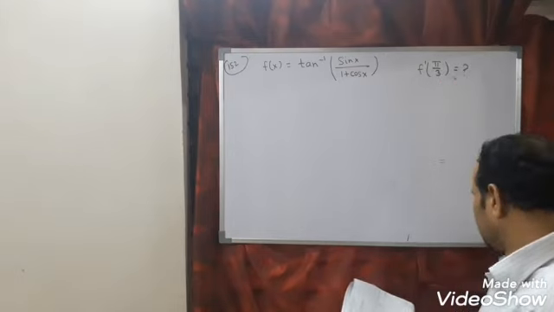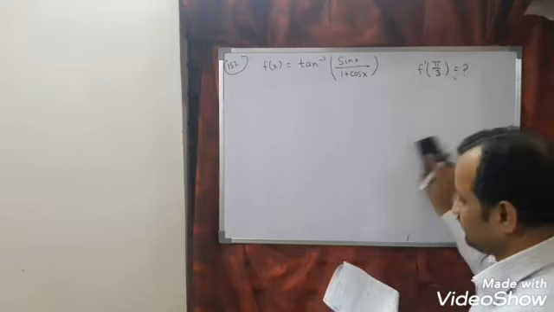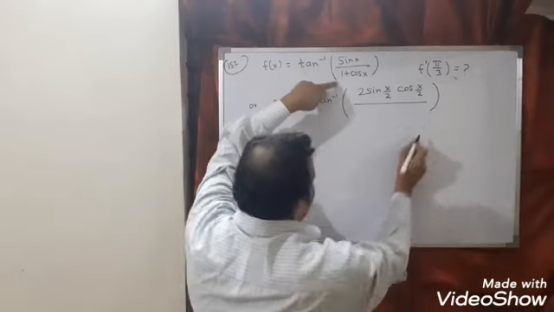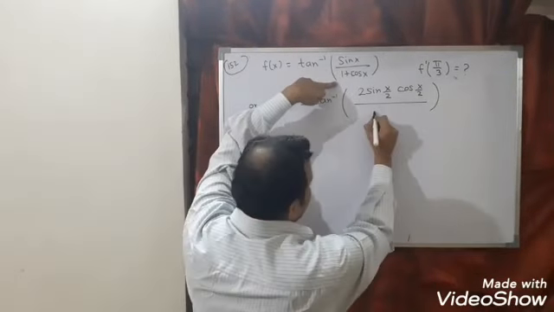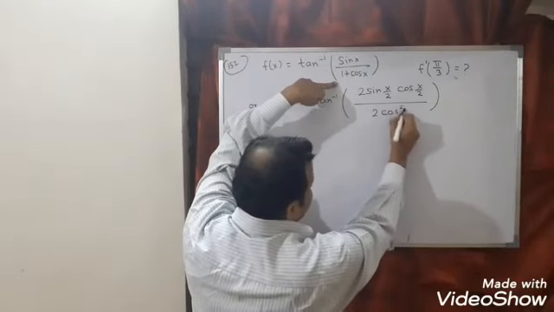Now look here, this question is very simple. f(x) is given. So we can write f(x) = tan⁻¹. In trigonometry, sin x we can write as 2 sin(x/2) cos(x/2), divided by 1 + cos x, whose standard formula is 2cos²(x/2).